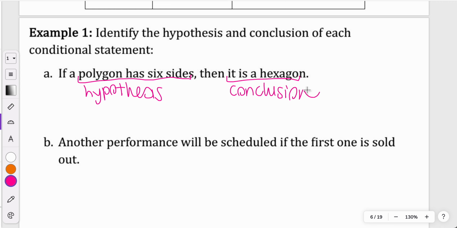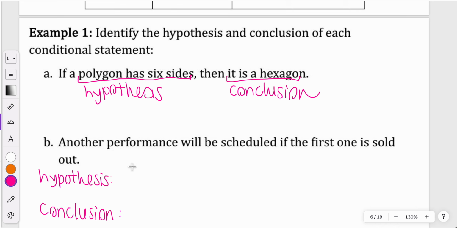Okay? Sometimes, though, you don't have it written in if-then form, so you have to think about cause and effect. So like letter B, another performance will be scheduled if the first one is sold out. So what has to happen first is identifying these two things. Okay?